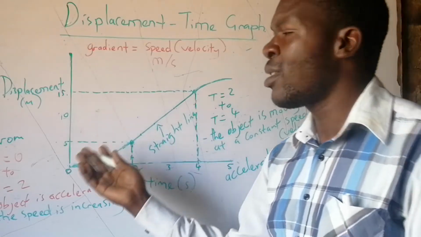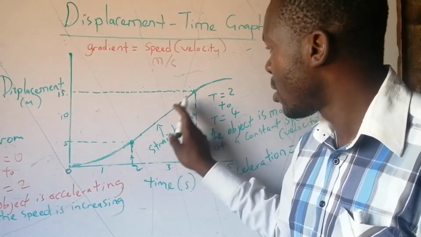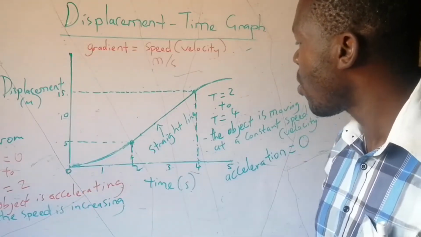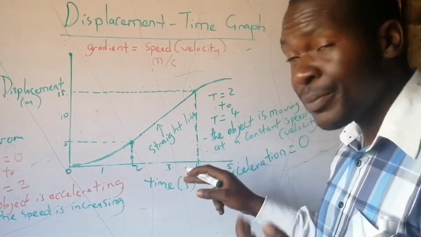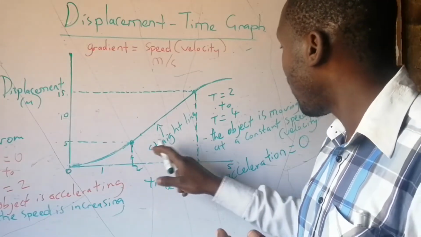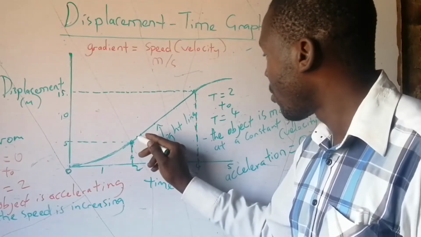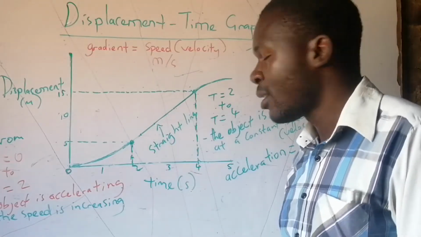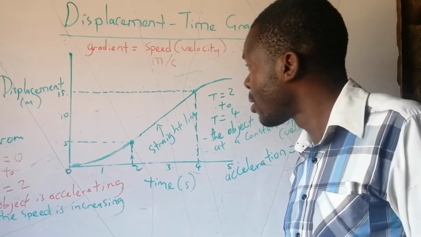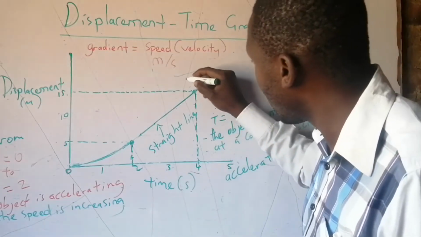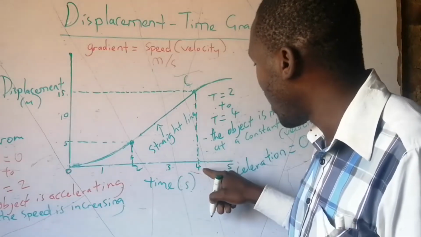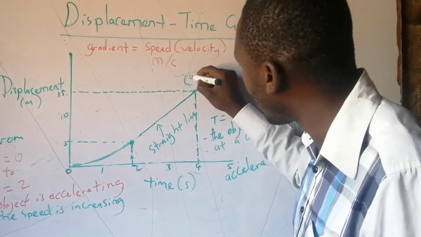We can calculate the speed from t is equal to 2 to t is equal to 4. To find the speed, we just look at this point. What is the value of t? It's 4.